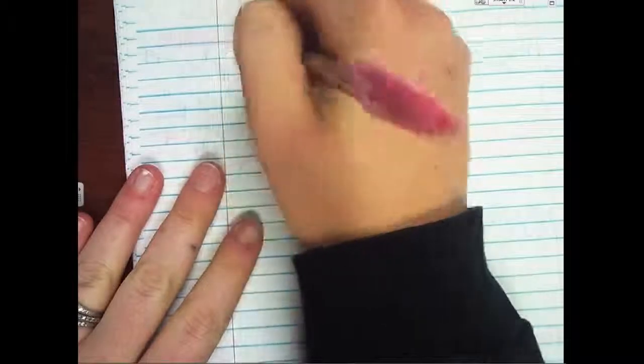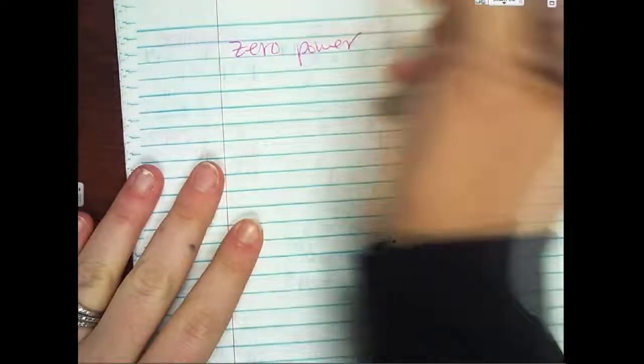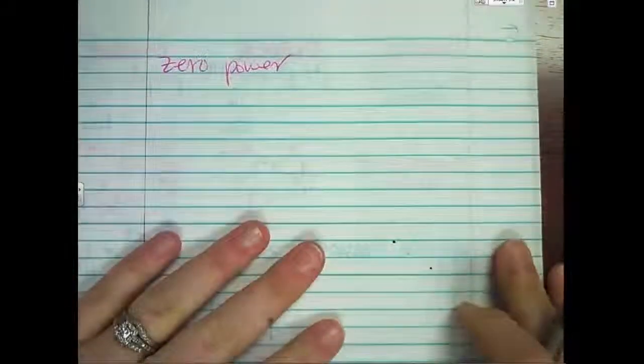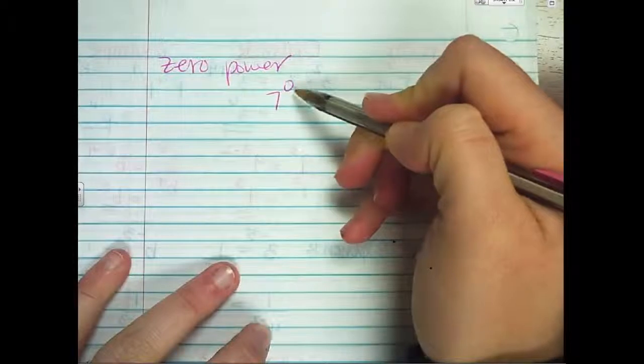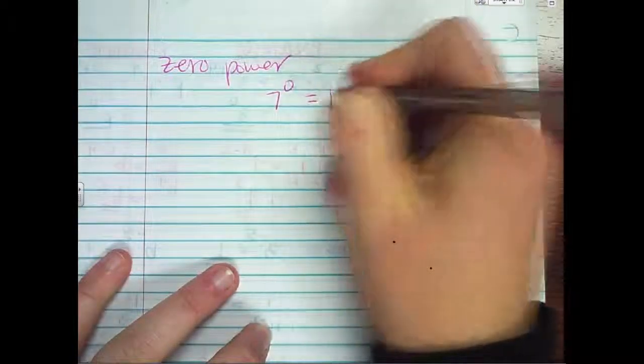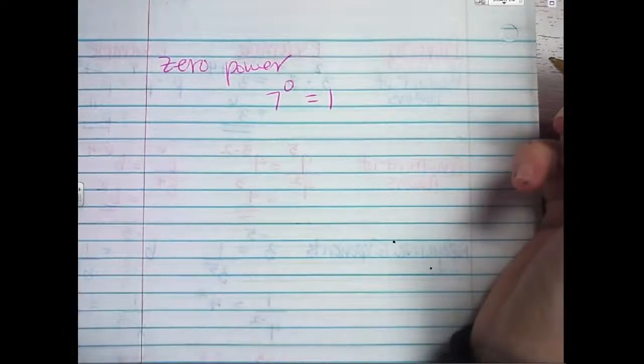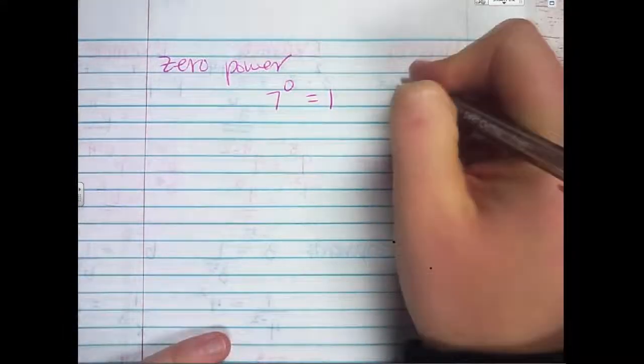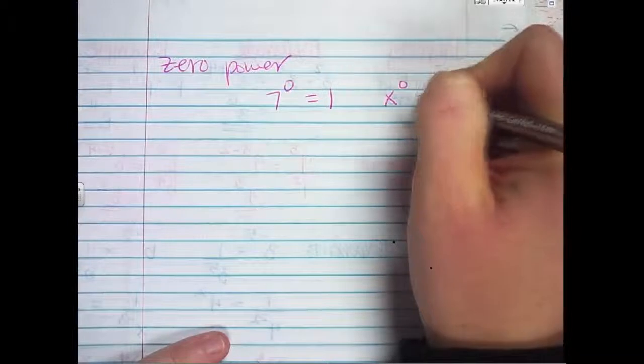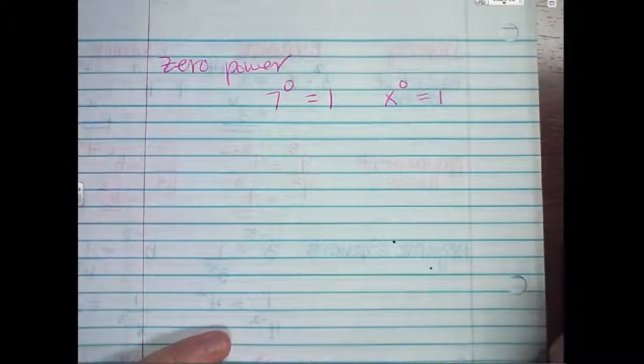The last property is the 0 power property. The 0 power property just means if the exponent is 0 or the power is 0, it always equals 1. So 7 to the 0 power is 1. If I had x to the 0 power, that would equal 1.